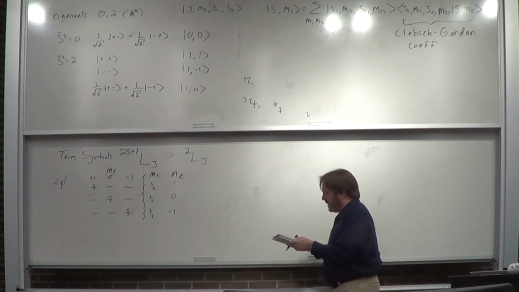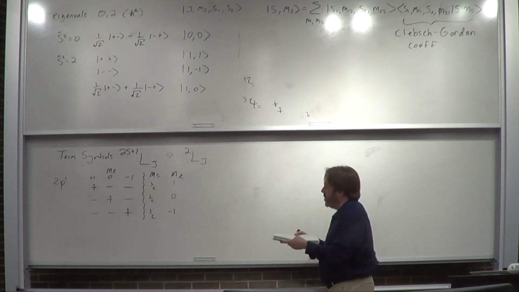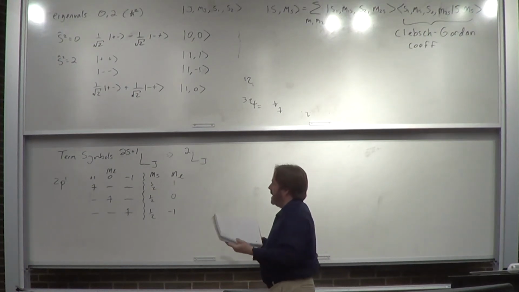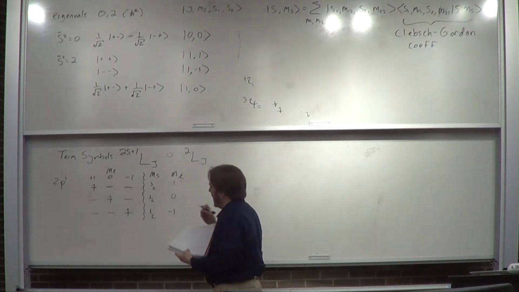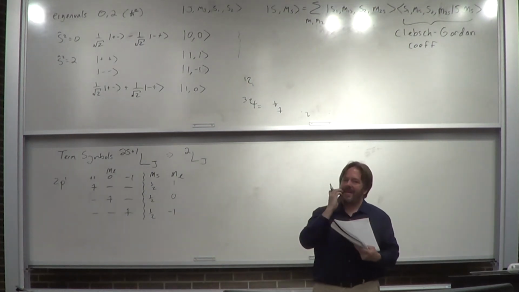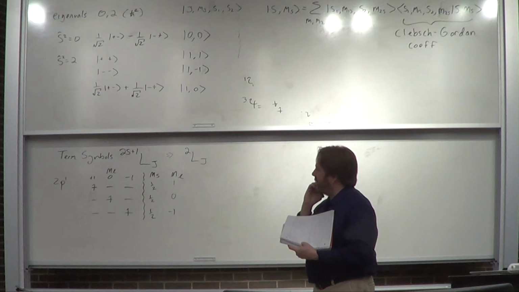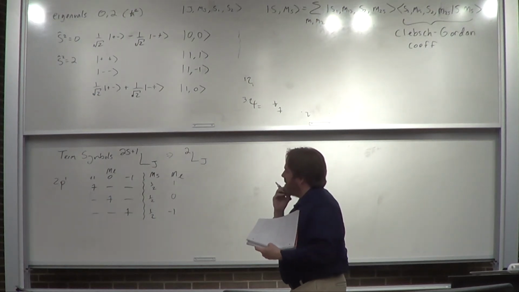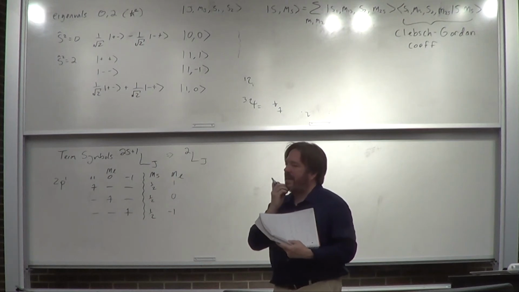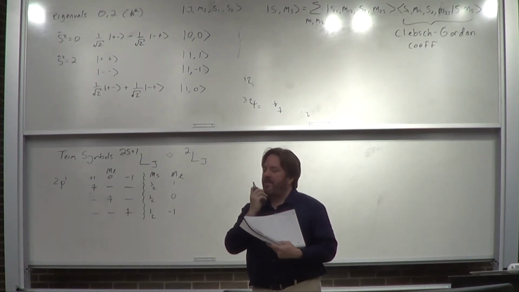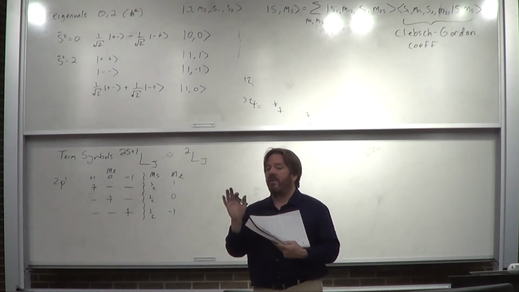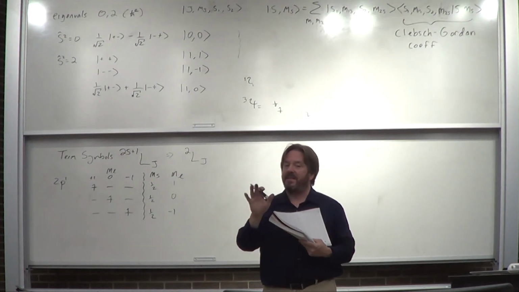Now it turns out that I can see that there's no reason to think that I am anything other than a p state. Again, this is actually kind of easy because one of the things that you have to be able to identify, you have to have some clue what the possible term symbols are. That sucks to say.